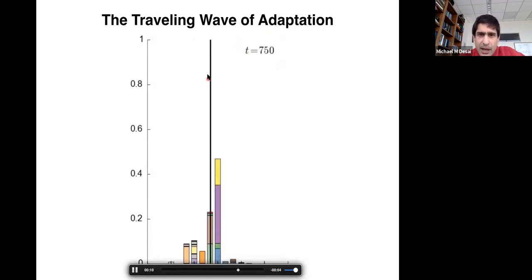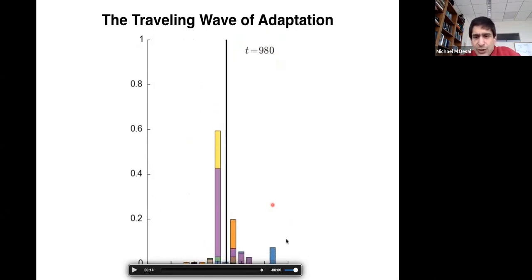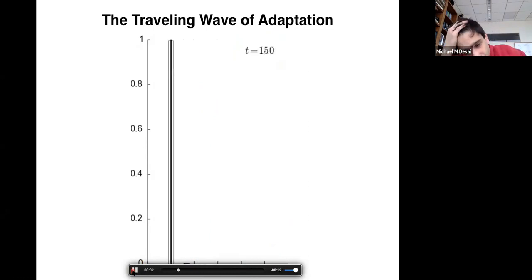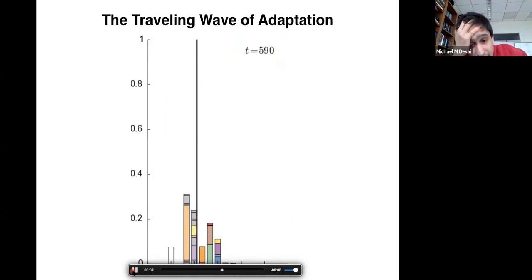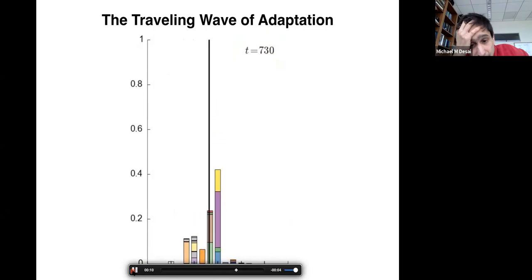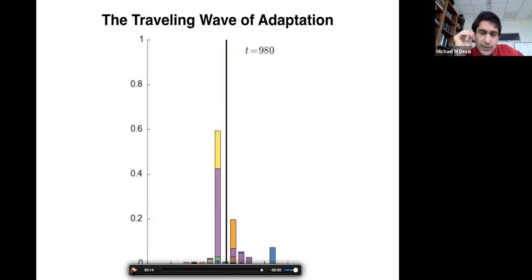The mean fitness of the population in black is increasing with time. And you see this traveling wave, let me play that one more time, of lineages of fitness as it moves on, and the way in which all of these mutations compete with one another within this wave.